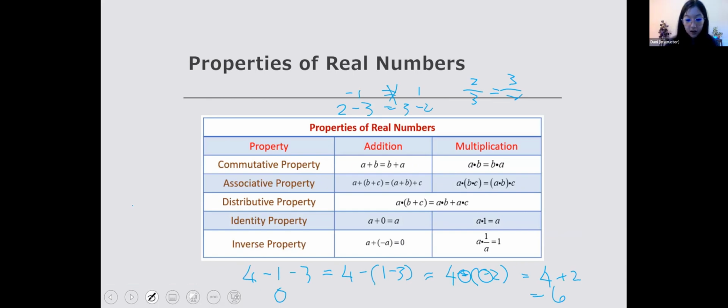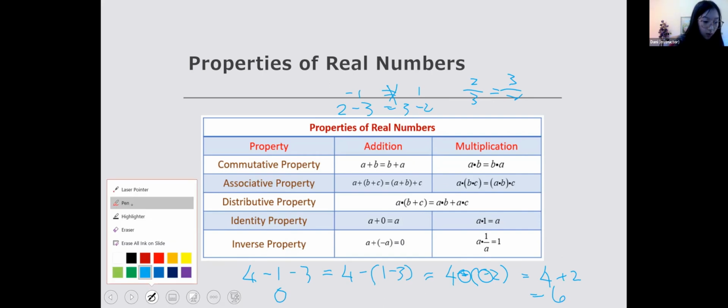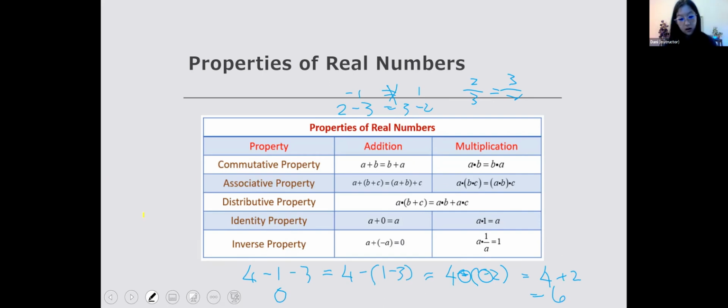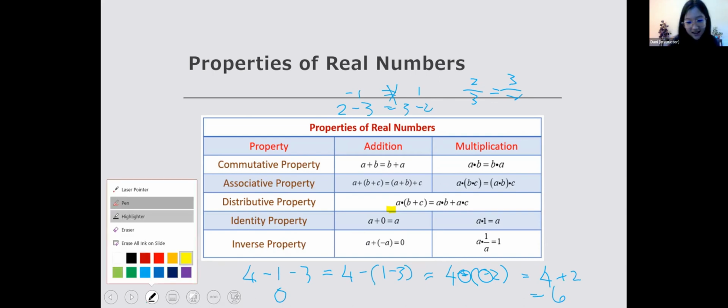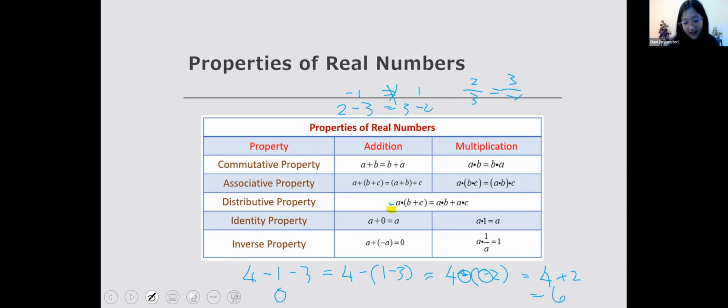And if the variable a is negative, you'll be distributing negative a onto both b and c. So this will be negative a times (b plus c), which is equal to negative ab minus ac.